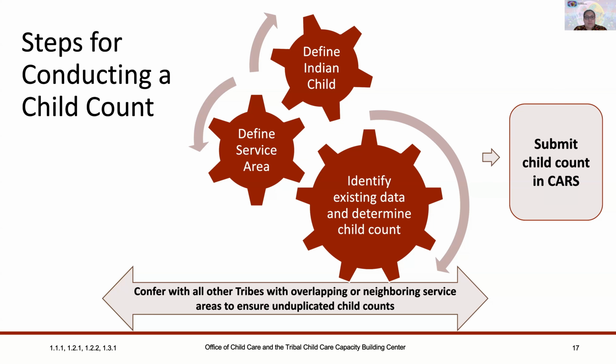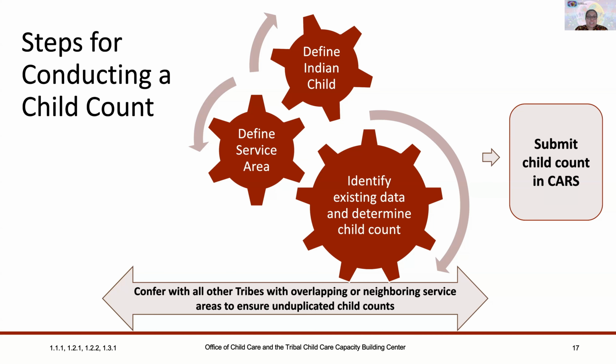Then the tribal lead agency should ensure they have access to the CARS system prior to the July 1st deadline and enter the number of Indian children in CARS. Once the plan is submitted and certified by your tribe's designated certifier, it is considered complete.